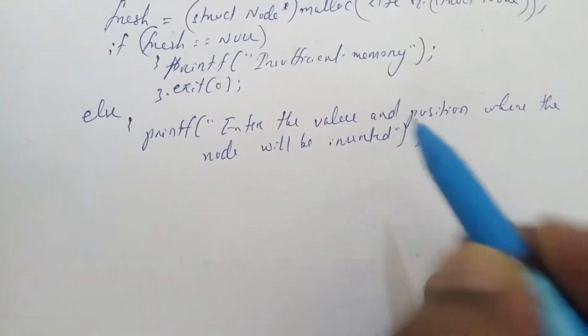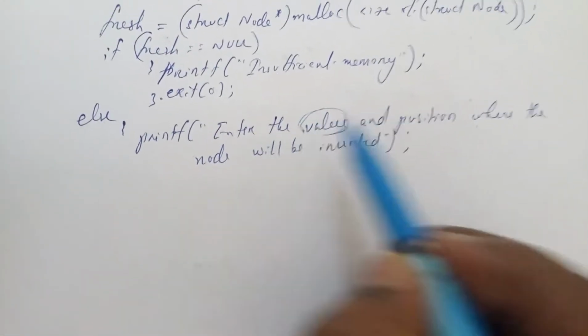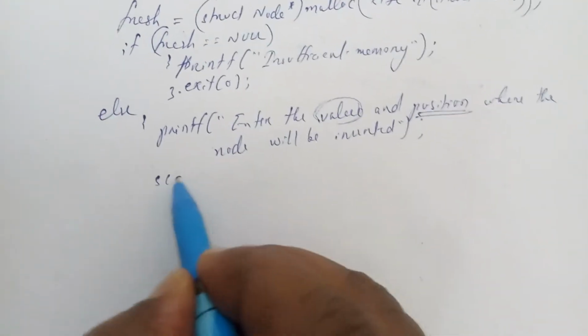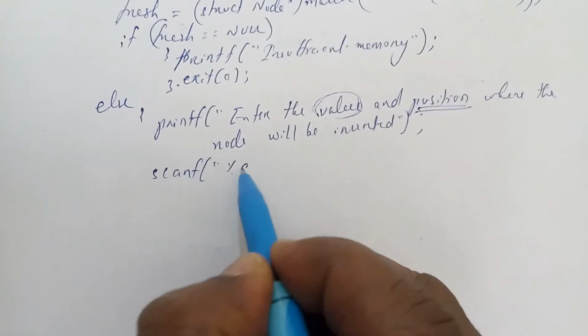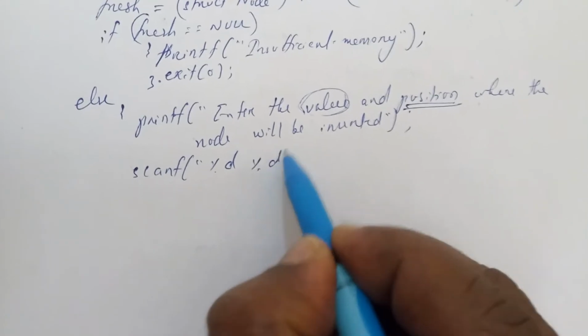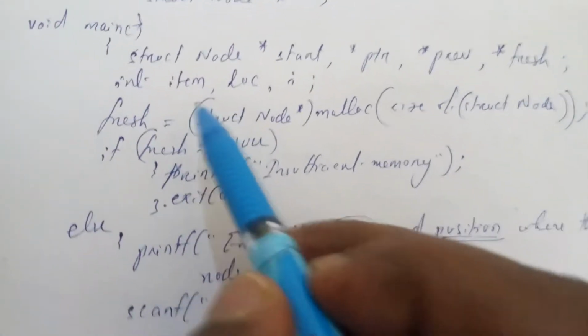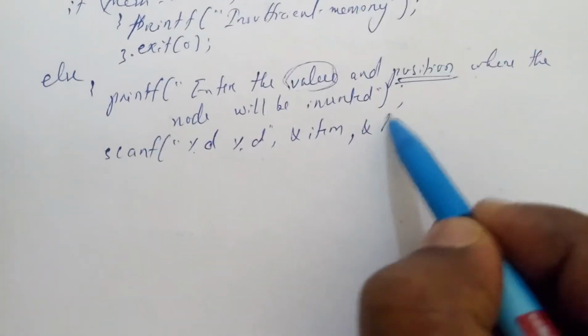That means here we want to insert the value into the node and the position where the node is going to be inserted. So scanf %d, ampersand item, the variable item we have taken, and ampersand location will insert.